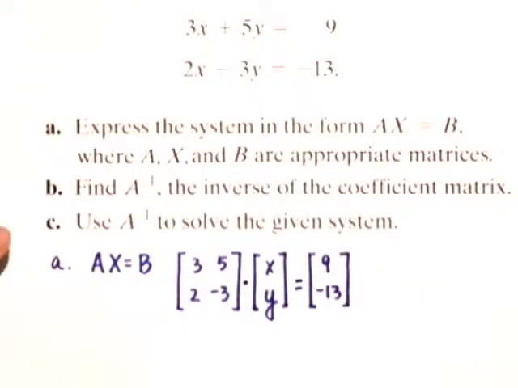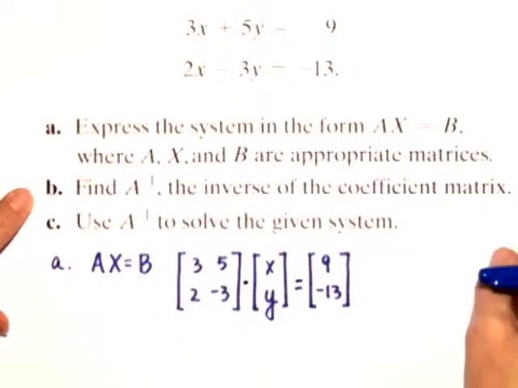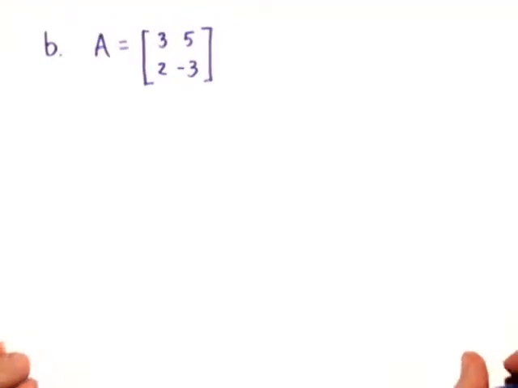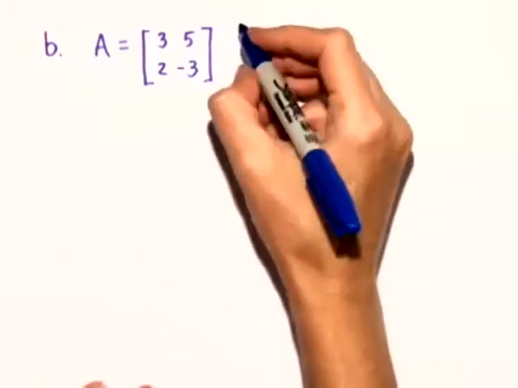Now in part B, we want to find A inverse, the inverse of this coefficient matrix. So the coefficient matrix is this first square matrix. Here's matrix A. Now we want to find its inverse.